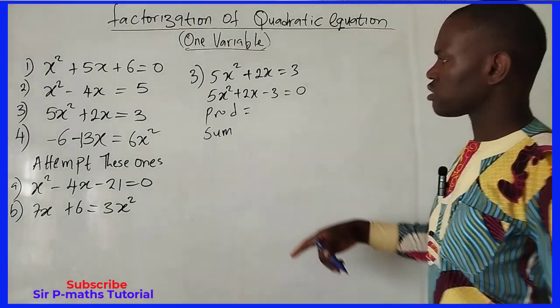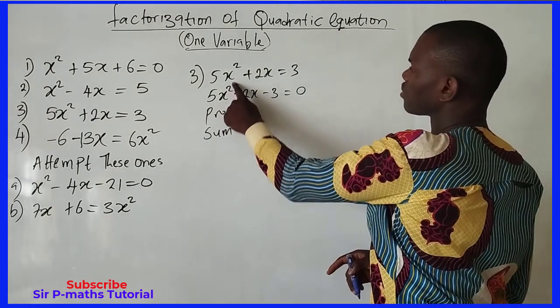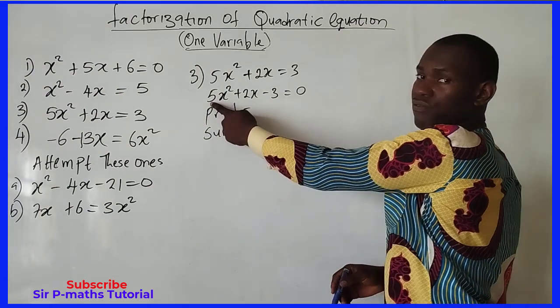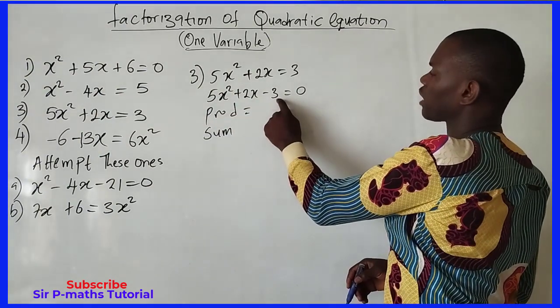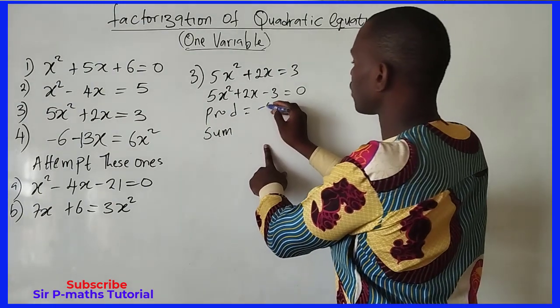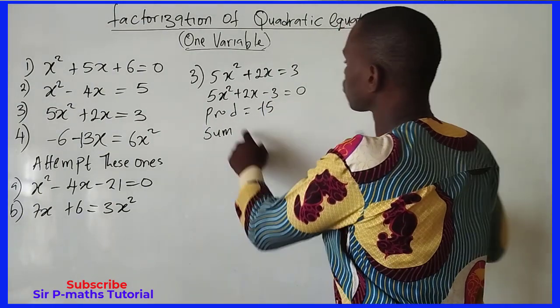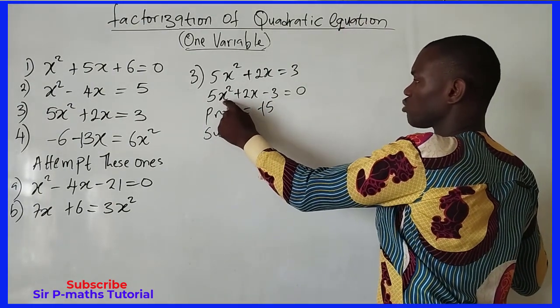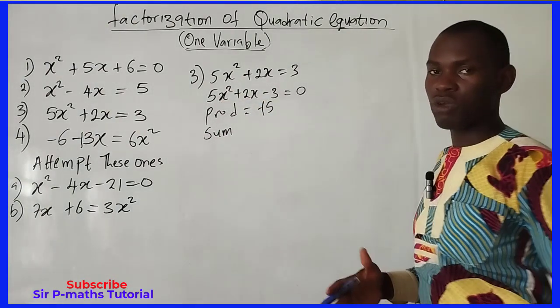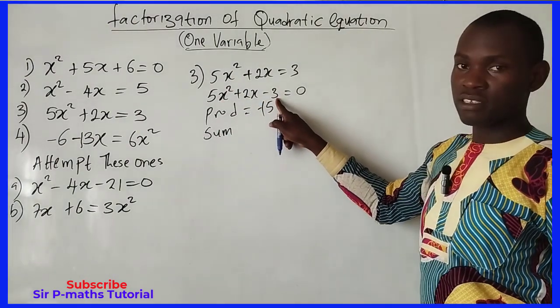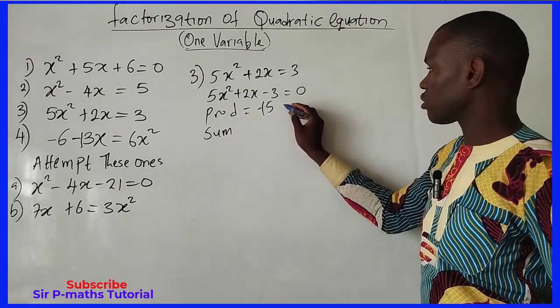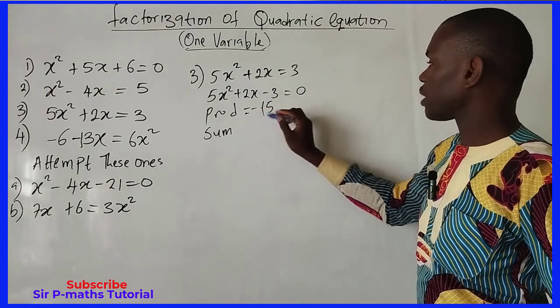To get my product in this case, look at your x squared. It has a coefficient 5. Use that 5 and multiply your constant. You will have minus 15. So anytime you have a coefficient close to x squared, use that coefficient and multiply your constant. That is how you get your product. Don't forget. So we'll have minus 15.